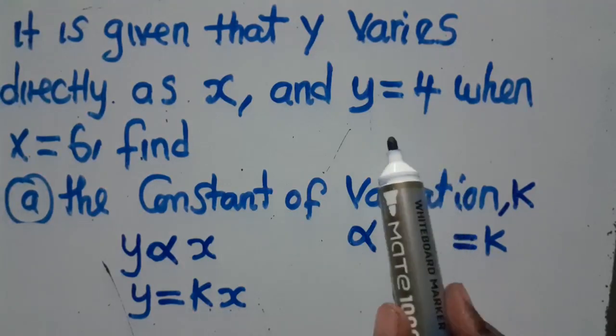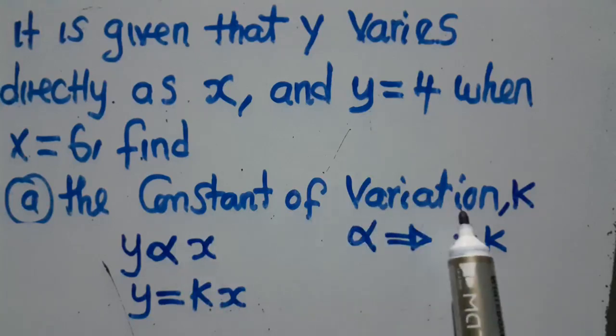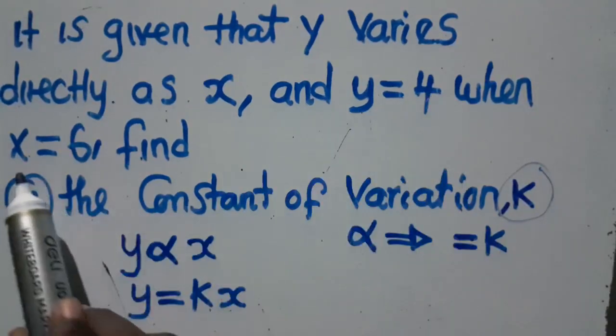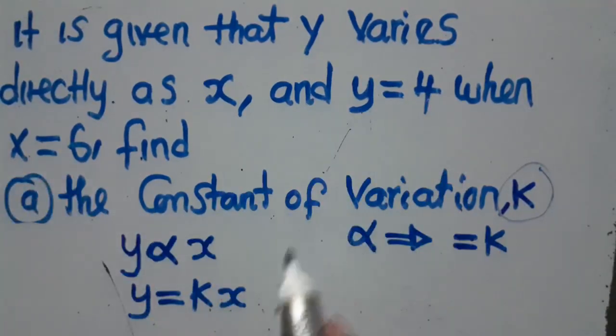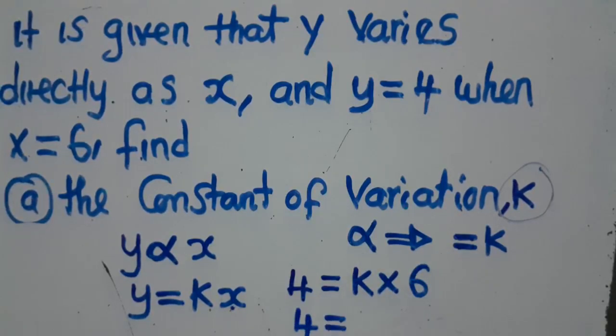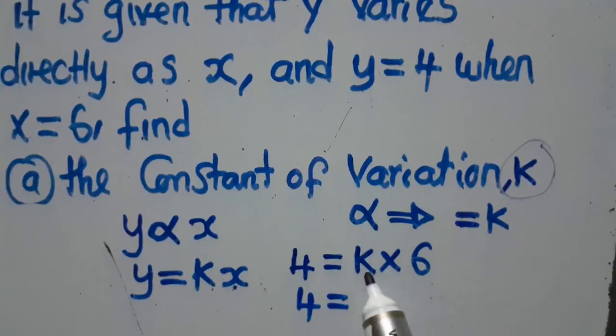So we want to find the constant of variation, the value of k, where y is 4 and x is 6. You put your 4 there, which is equal to k, which you are told to find, times x, which is 6. If you multiply, you have 4 is equal to 6k.